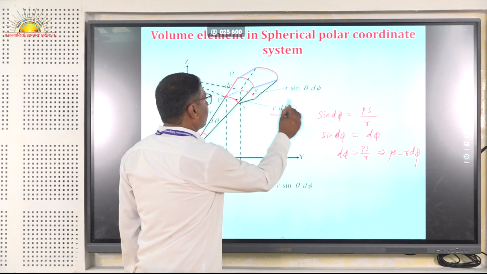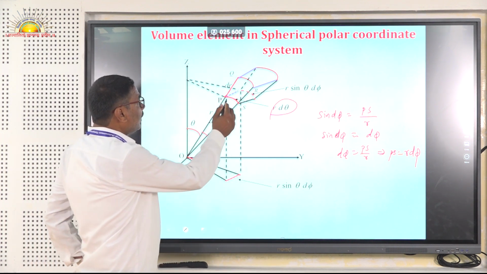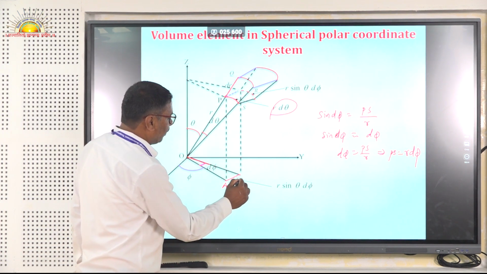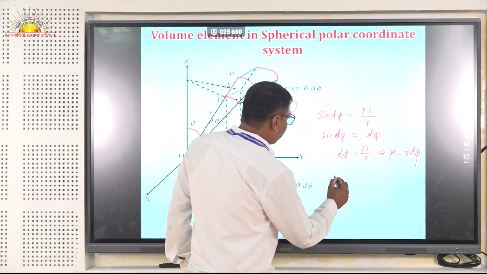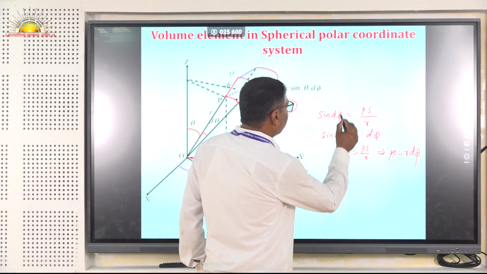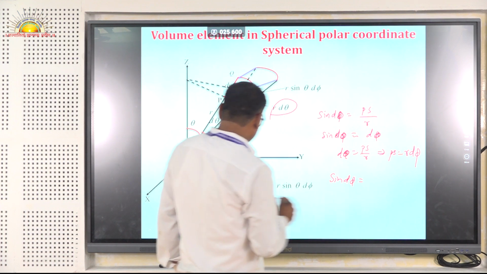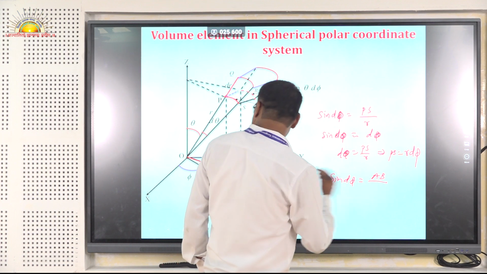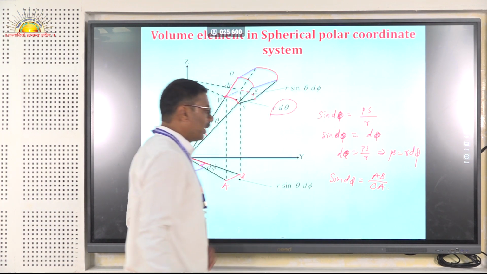So arc PS is r d phi. Now suppose we put this arc as AB. Now here we take the sine of d phi, not d theta, so sine of d phi is equal to AB divided by OA.